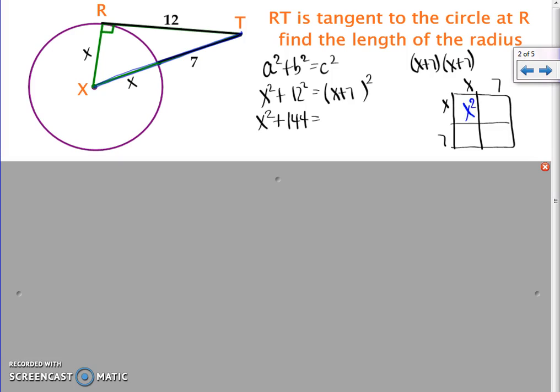What do we get here? 7x. Yep, 7 times x is 7x. Here, 7x also, and here, 49. Now we can put these two together, combine like terms, so 7x and 7x is really 14x, and your answer is always right here. So we've got x squared plus 14x plus 49 right here.